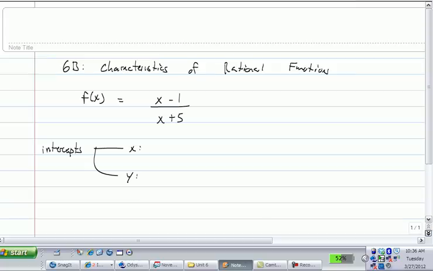Your x-intercepts: if you've got a fraction, when does a fraction equal 0? When the numerator is 0. So these are the zeros of the numerator post cancellation.